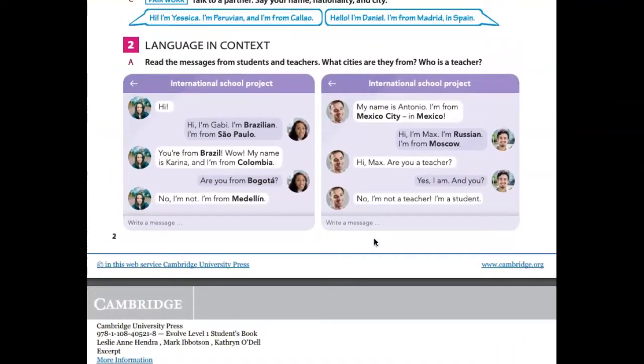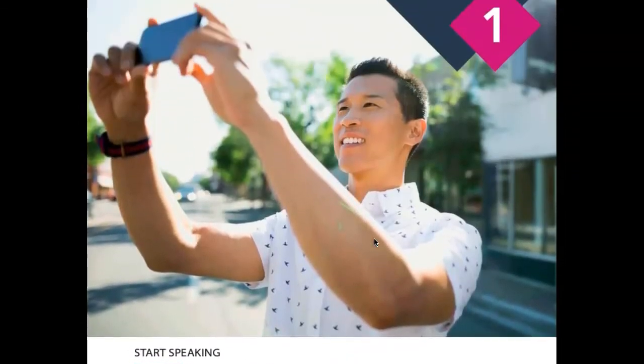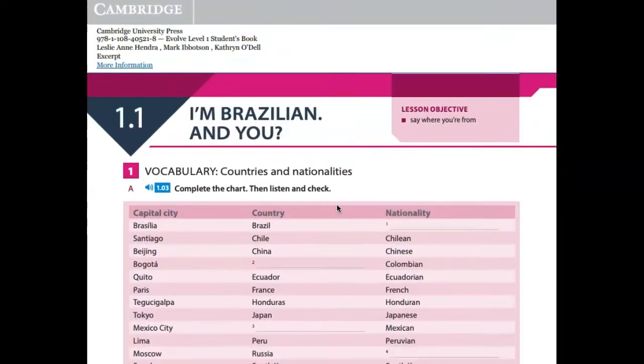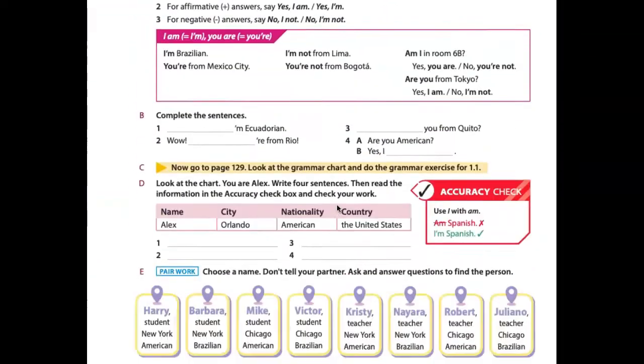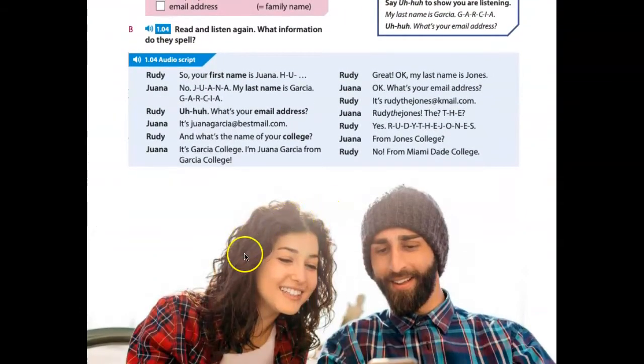Now, exposure. Exposure to the language, okay? Exposure to the language means dealing with authentic text. I'm going to show you authentic text here in the book. Okay, here you have a real conversation.